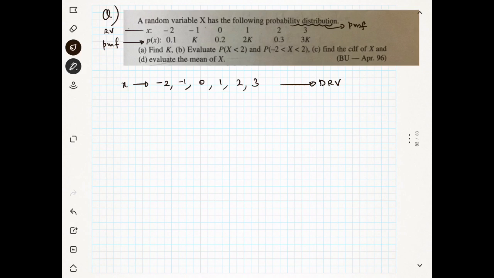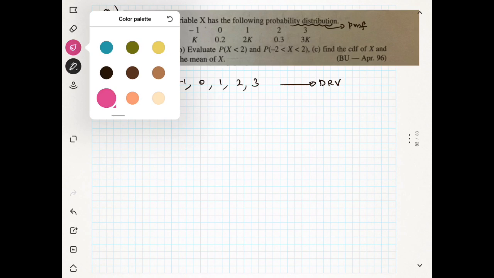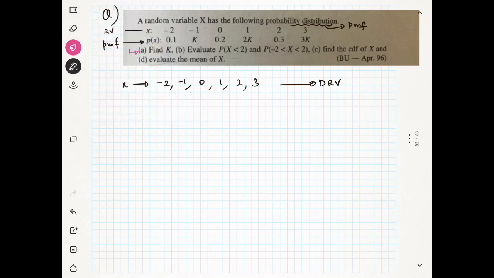The first part of the question is to obtain k. You can see the probability mass function contains some terms like k, so we have to find what this k is. We will solve part A, find k. The probability mass function has the property that the sum of all the probabilities will be equal to 1, right?